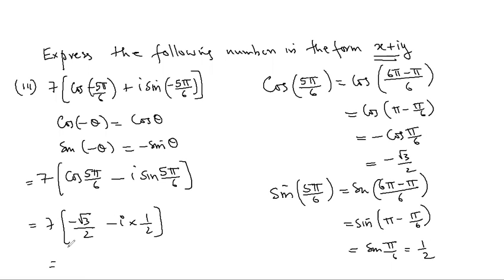If you want, you can open the bracket: minus 7 root 3 by 2 minus 7 by 2 i. So it's plus half, because in second quadrant sine is positive.